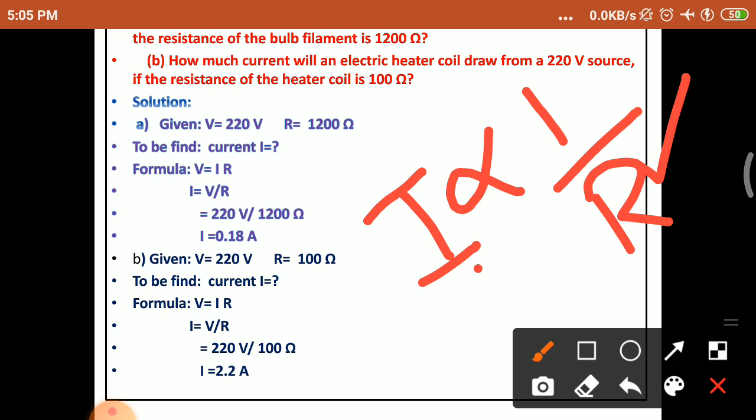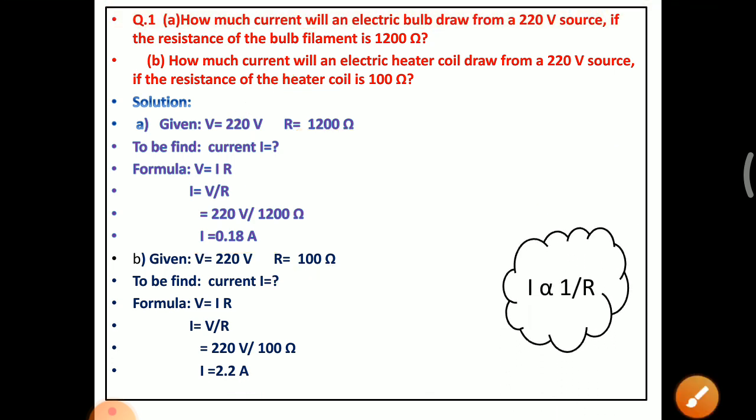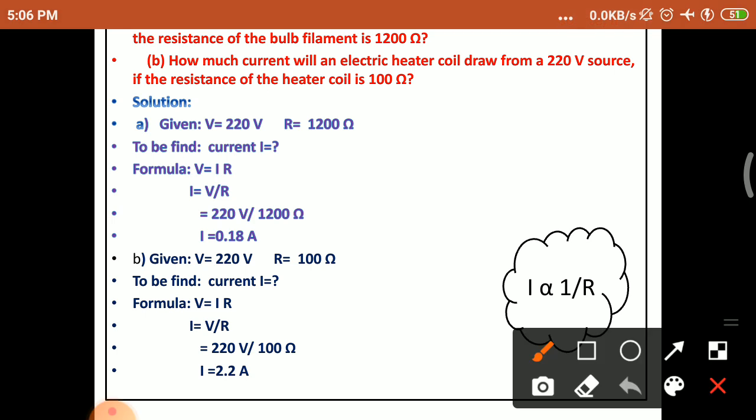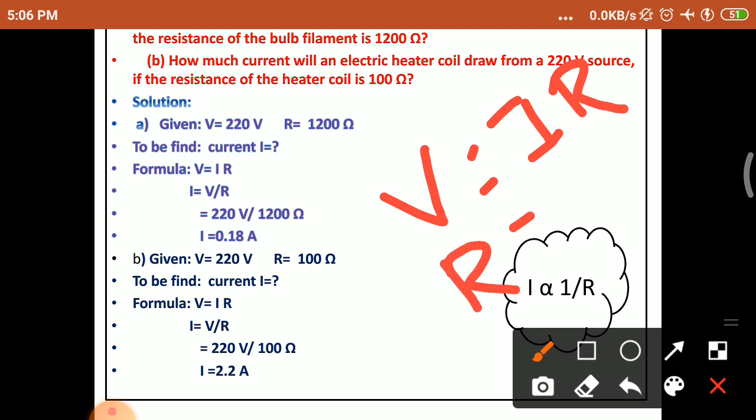When R is less, I is more. It was clearly shown in this numerical. Here R is more, but I is less. Here R is less, I is more, when the voltage is the same. Did you understand? Normally in Ohm's law, V equals IR, we write R equals V by I. See here, R and V are directly related in that form.